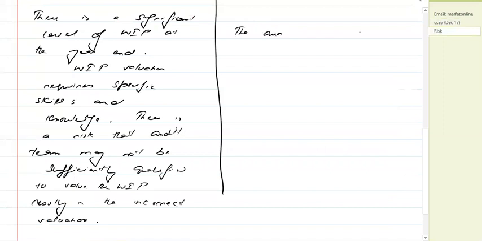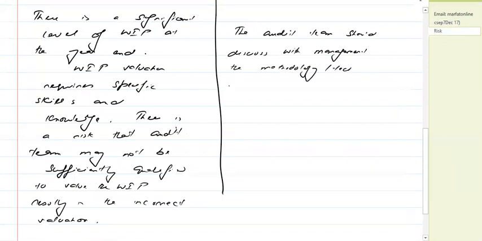The audit team should discuss with management the methodology or technique they use to value the in progress properties.